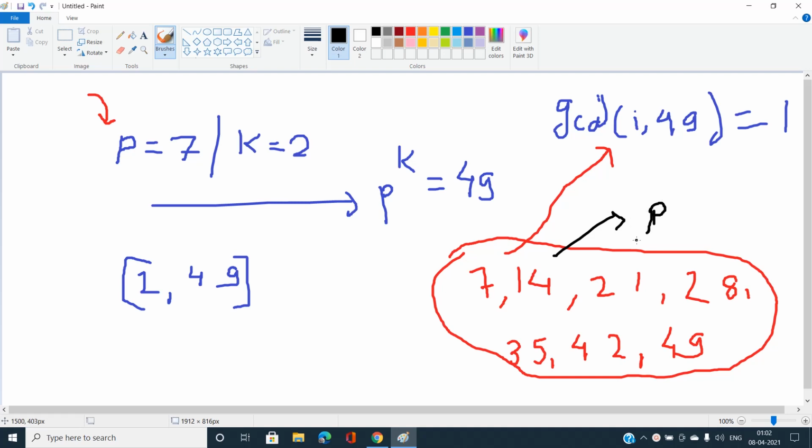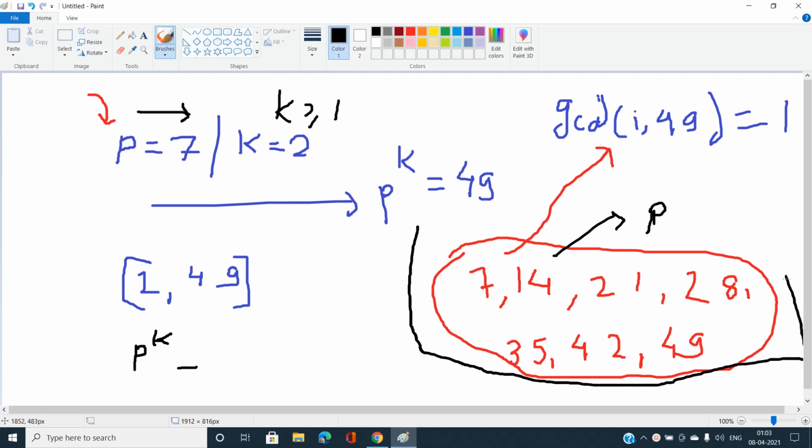So for all the numbers we can say, if P is a prime number, then for the number of integers in the range of 1 to P power K, where K is greater than or equal to 1, we can easily answer this. P power K will be the total numbers, and we need to subtract those numbers whose GCD is not equal to 1. So for all these multiples of this prime number P, how many multiples exist between 1 and P power K?